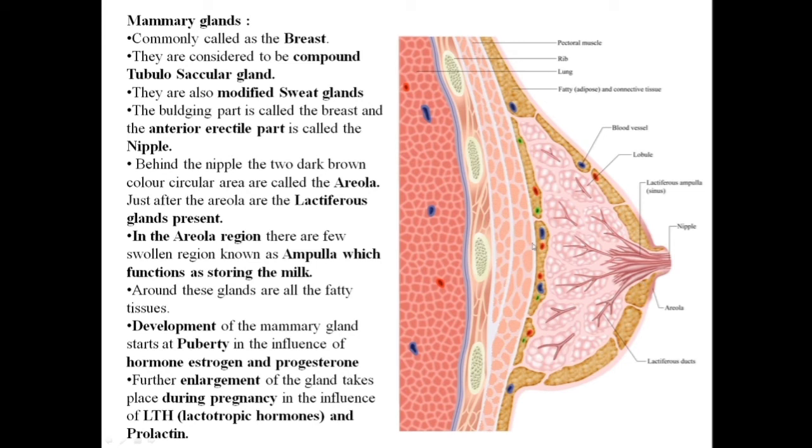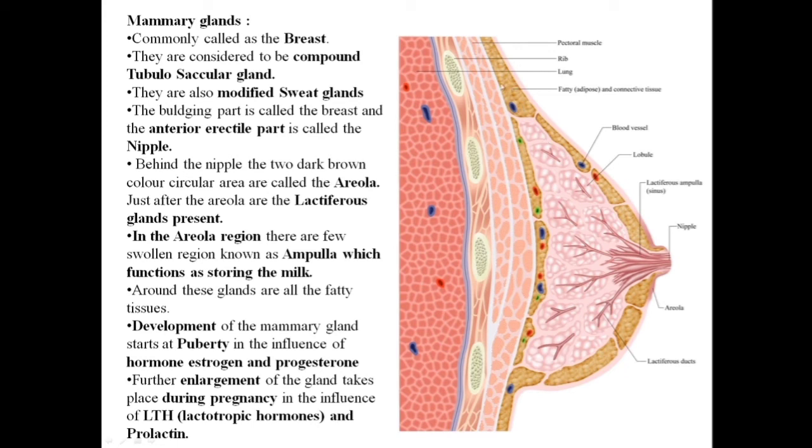The development of this mammary gland takes place in the puberty stage, and further enlargement takes place during pregnancy. In the puberty stage, the mammary gland is developed under the influence of two hormones, estrogen and progesterone, known to be the main female hormones.